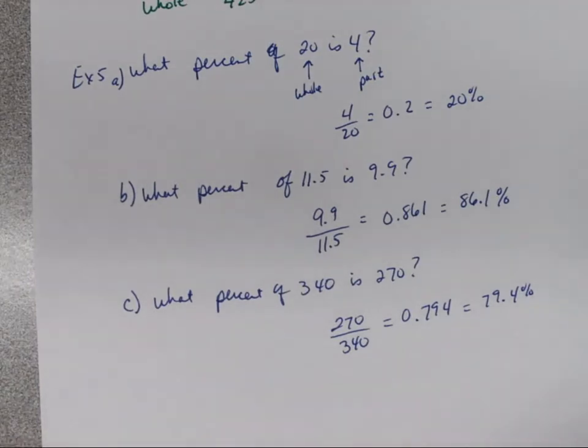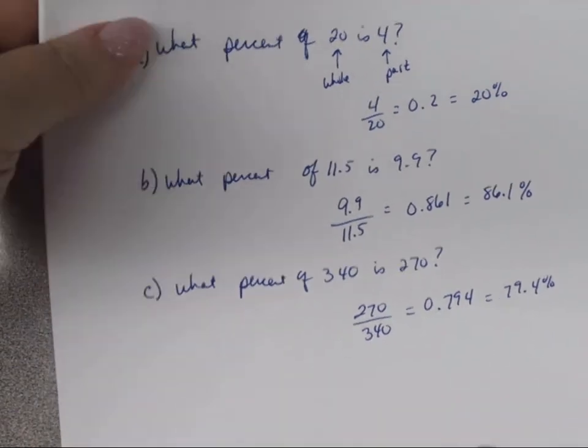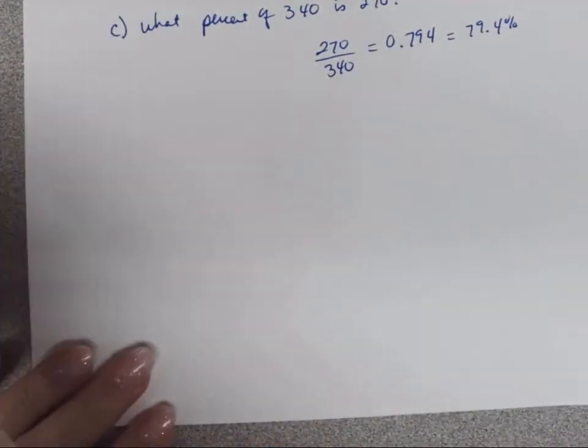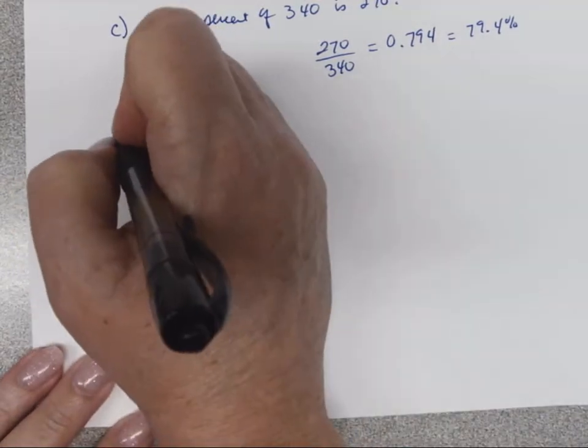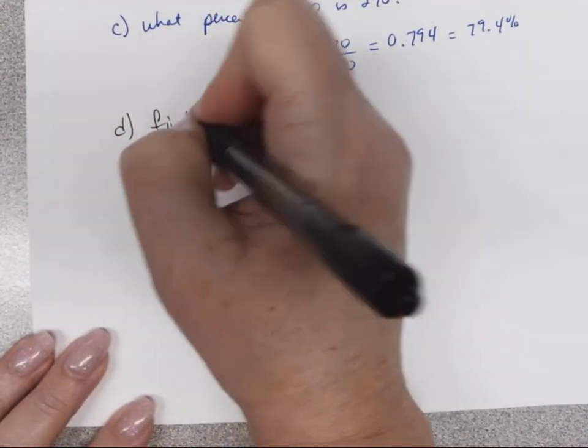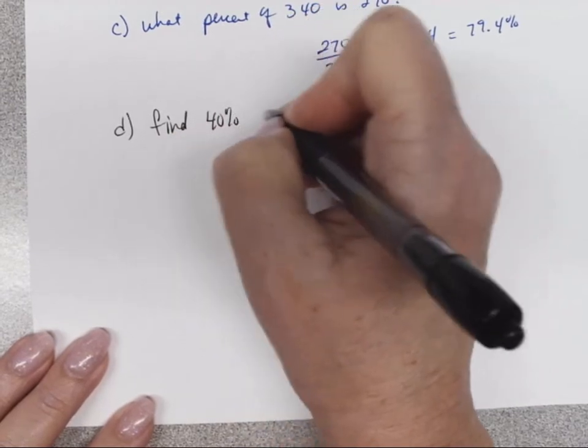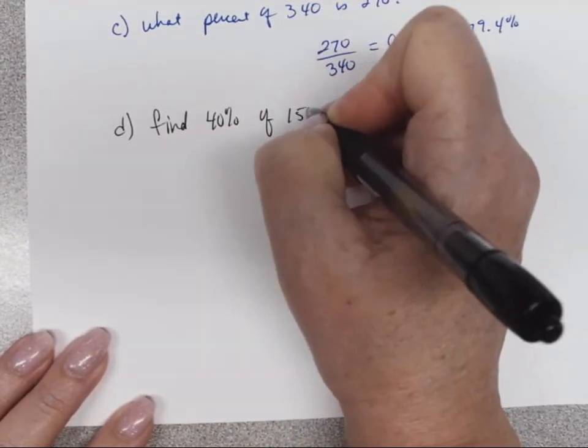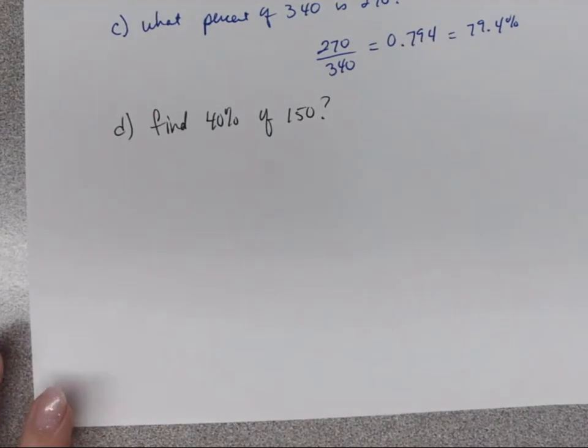All right, we're going to look at something similar to this, but change it just slightly in the wording. I'm going to change my color here because we're going to change it slightly. So let's look at D. We want to find 40% of 150. Well, this goes back to what I was talking about.